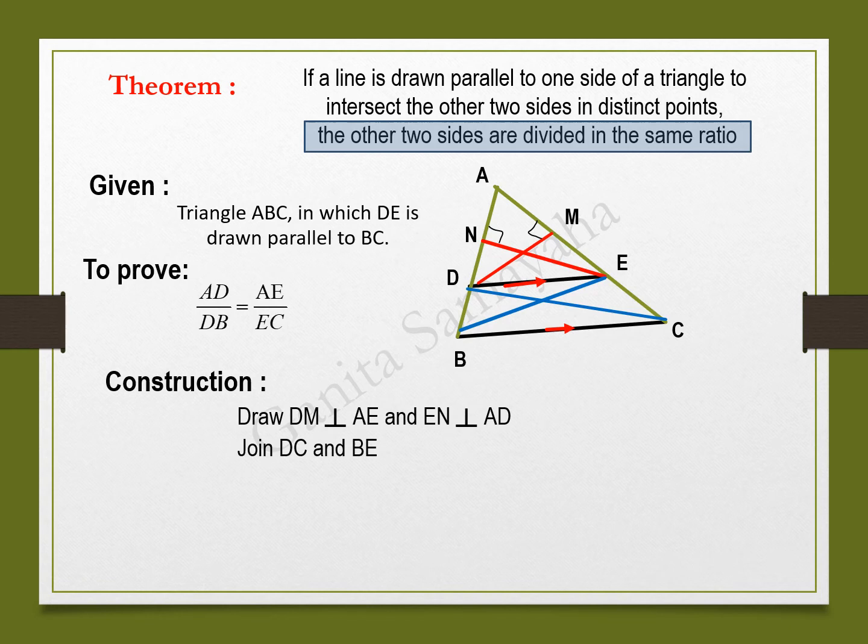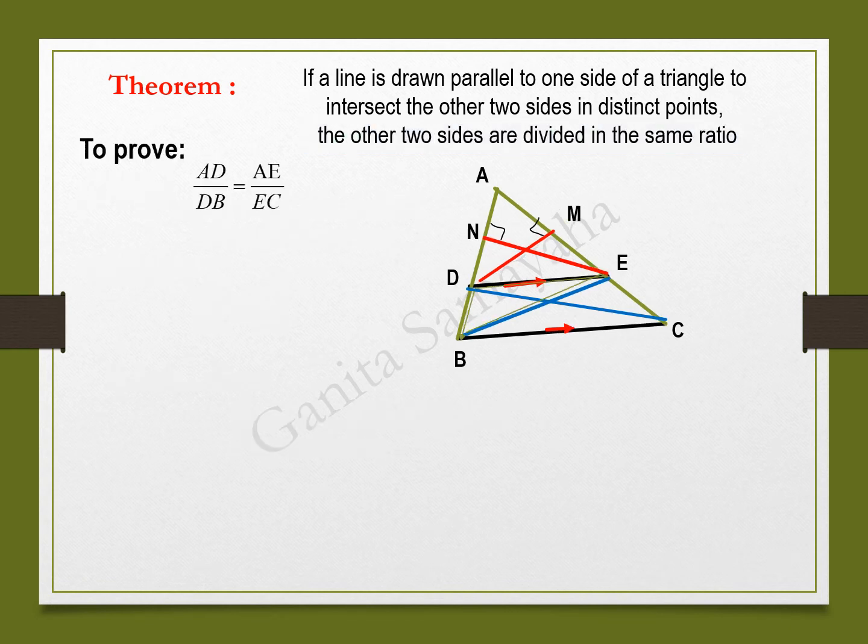Is it clear, children? So when we compare these two triangles, just observe this triangle ADE. We know AD is a base and NE is a height. Okay, children, when you consider this triangle DBE, DB is a base, and since angle BDE happens to be an obtuse angle, the height of this triangle will lie outside the triangle. And this EN happens to be the height of this triangle BDE as well. Is it clear, children?